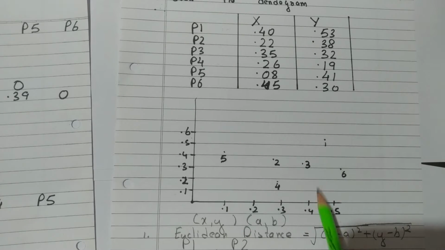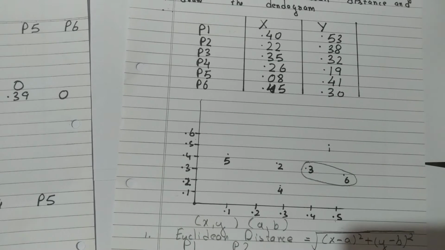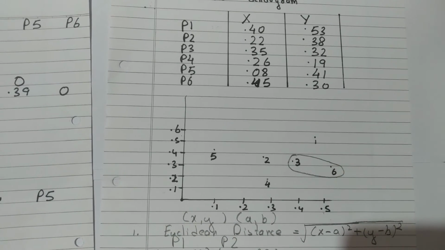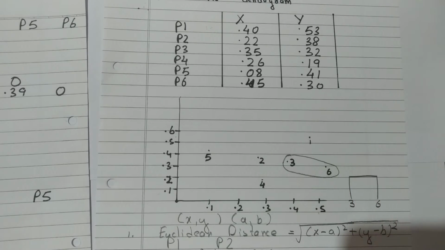Looking at these points, point P3 and point P6 are nearest to each other. So they form the first cluster. How do we represent it on the dendrogram? Like this. This is point 3, this is point 6, and they represent one cluster.